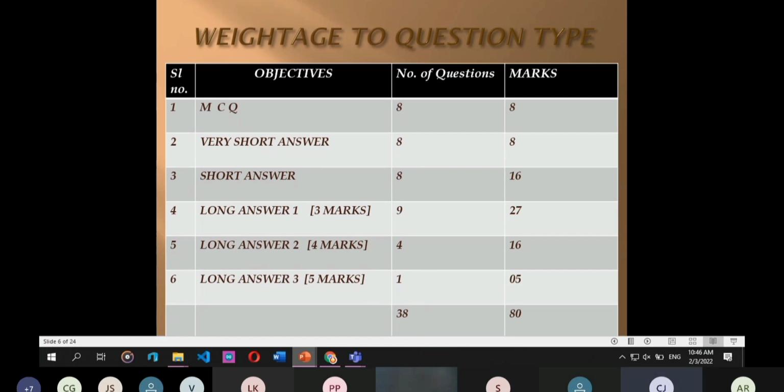The second long answer type is 4 marks each, 4 questions, 16 marks. The third one is long answer, 1 question, which carries 5 marks. So here you can see total number of questions 38, marks 80. The question paper will be based on this for the board examination.